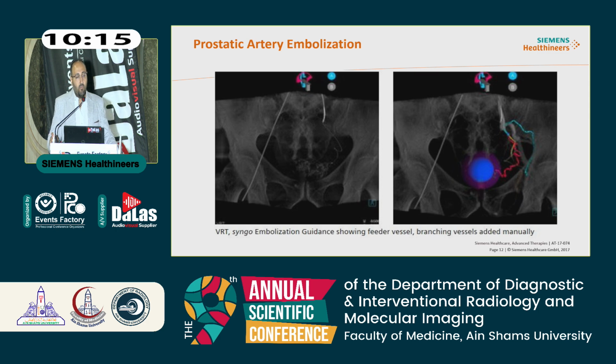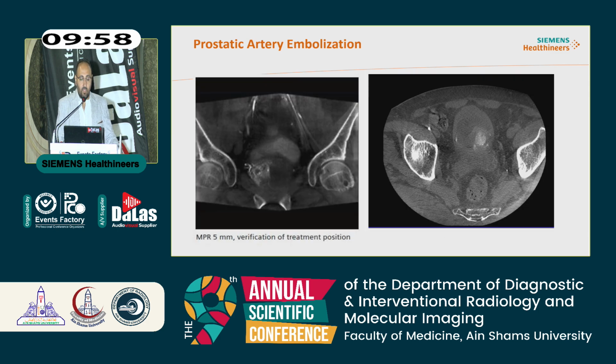We first need to take a DynaCT while our catheter is inside the common iliacs, and the system will automatically calculate the feeders for the adenoma or the prostate to embolize. And with the overlay function, we can navigate these branches until we inject our treatment. And finally, we can take another CT or DynaCT to make sure that our treatment is in position.